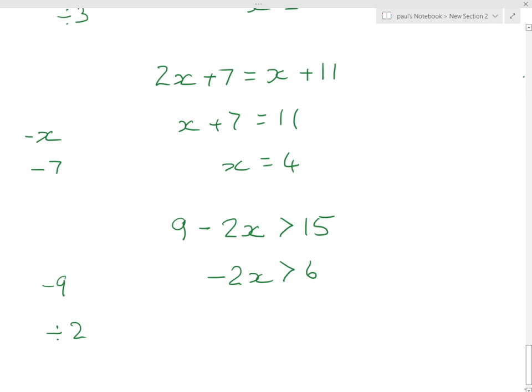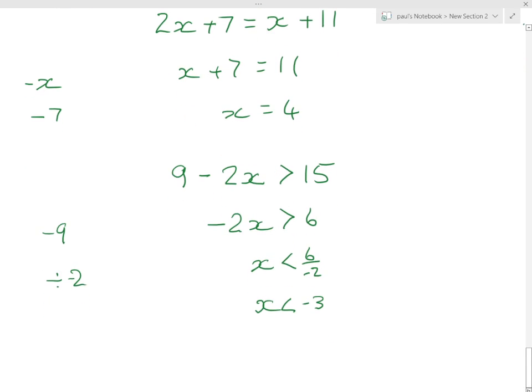Now remember, when we divide by a minus 2, the sign flips. So this will be x that way round, and 6 divided by minus 2 comes out as minus 3. So you've got the kerfuffle with different numbers there, minus numbers.